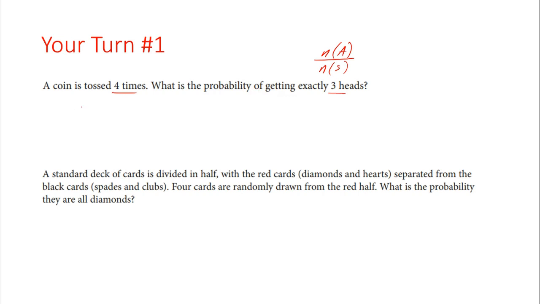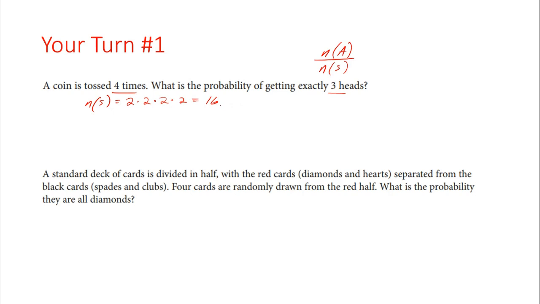So if you think about the sample set, there are 2 different ways of getting something, times 2 different ways, times 2 different ways, times 2 different ways. You're flipping this coin 4 times, and there are 2 different results each time. So your sample set is really 16.